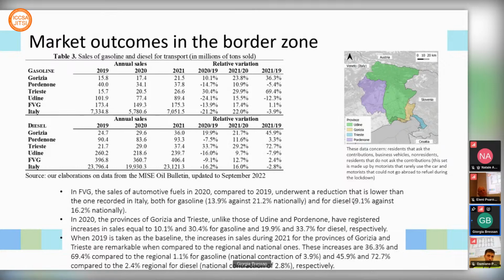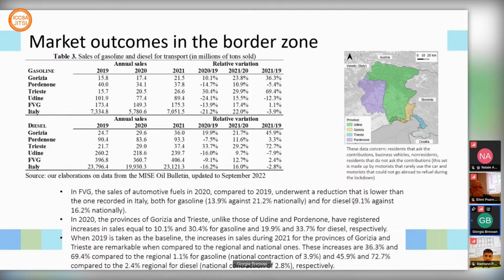And we also have the quantities sold in total at regional level and at national level for 2019, 2020, and 2021. So in the Friuli-Venezia Giulia region, the sales of automotive fuel in 2020 compared to 2019 underwent a reduction that is lower than the one recorded in Italy, both for gasoline and for diesel.